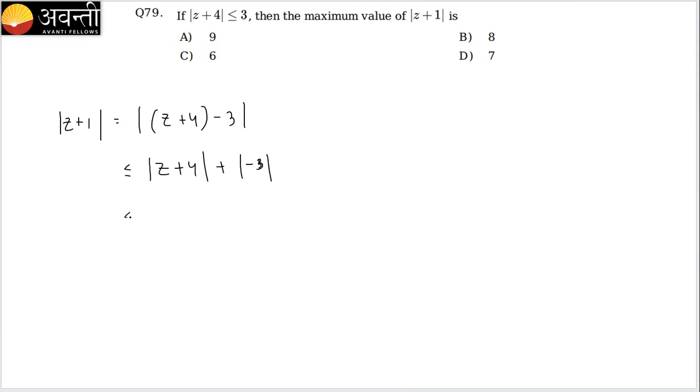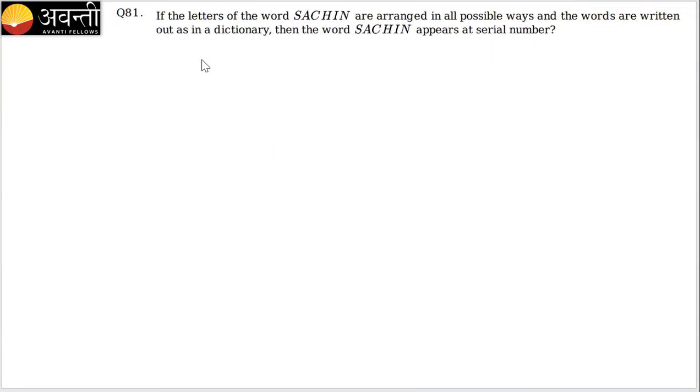This is the triangular inequality, which is less than or equal to 3 plus 3, because the value is given as 3. So it is less than or equal to 6. If mod of z plus 1 is less than or equal to 6, it implies the max value will be 6. So my answer is option C. Let's move on to the next one.